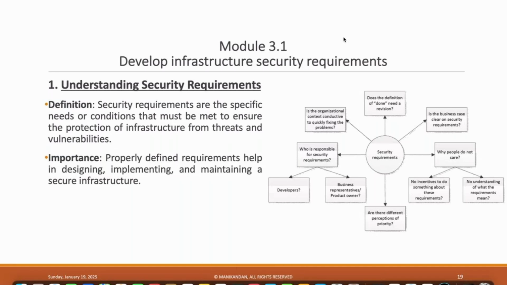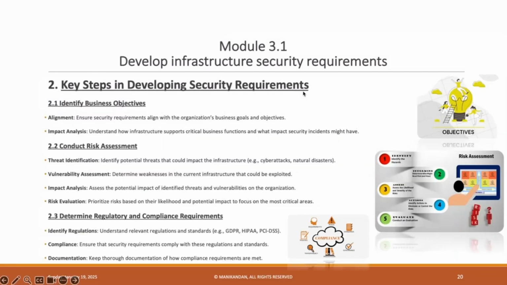Who is responsible for implementing the security requirements? Normally in the organization, your developers, CISOs, business representatives, and product owners are the people responsible for implementing the security requirements into actionable controls.